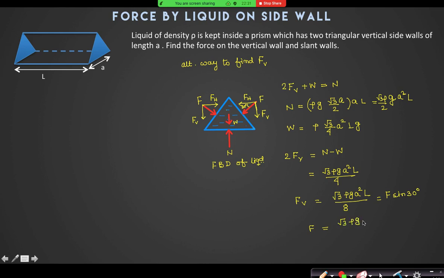Root 3 rho g a square L by 4. Have we got the same answer as earlier? Yes. So that is a way we can calculate Fv directly. We also know how to calculate Fh directly, and if you can calculate Fv or Fh, you can calculate the net force F from there also.